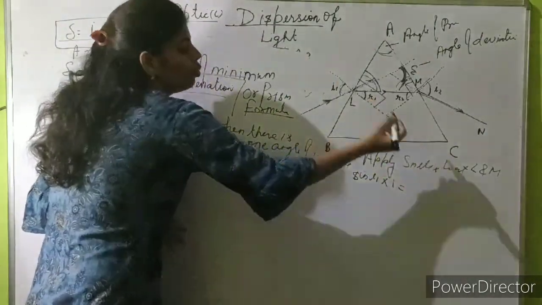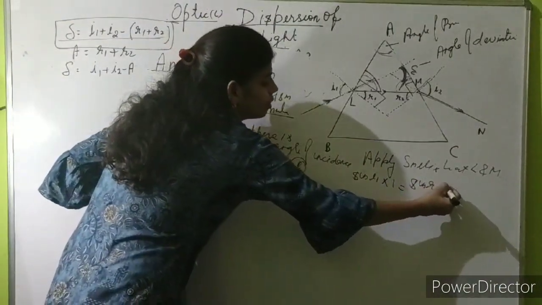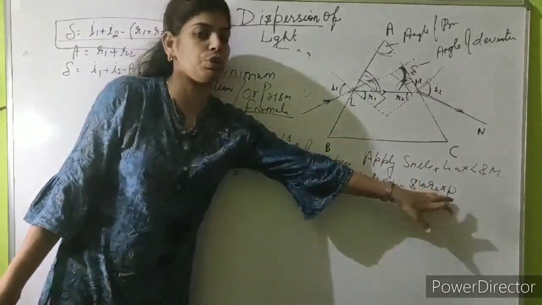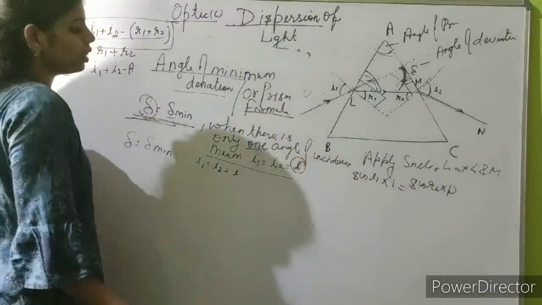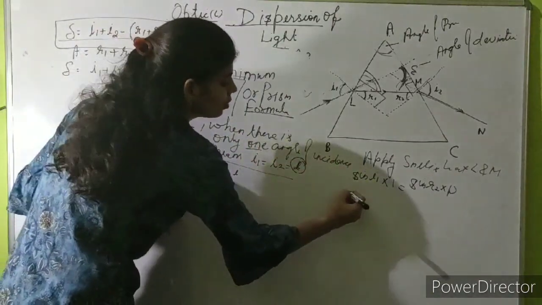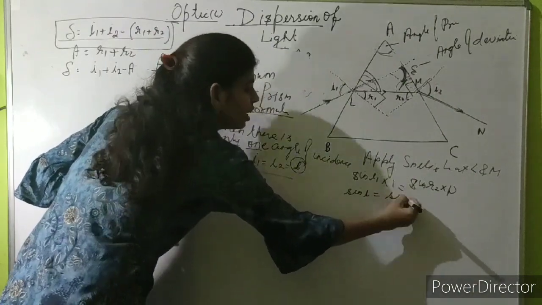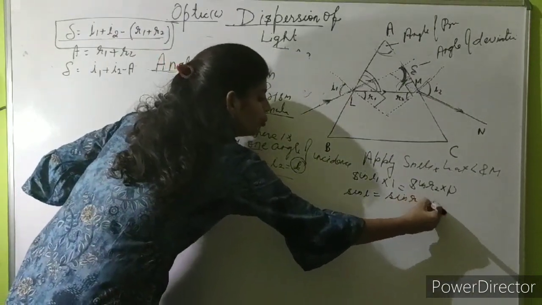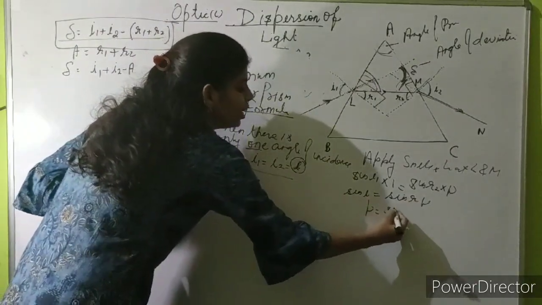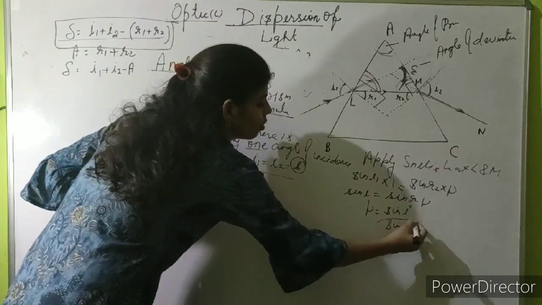Then sine of R2 multiplied by refractive index of the medium, suppose mu. As you can see, from here we can simply write sine of I is equal to sine of R times mu. From here we can find out the value of mu as sine of I over sine of R.